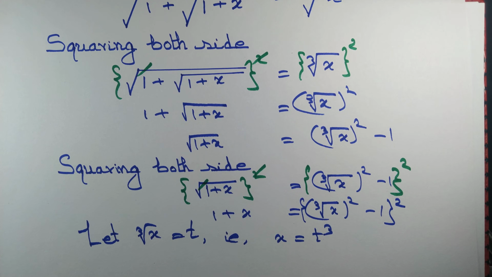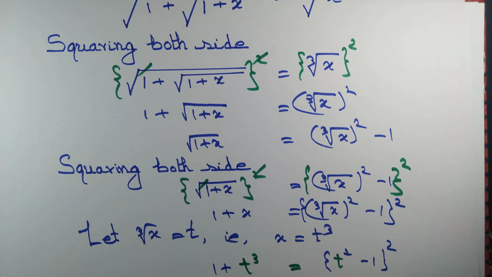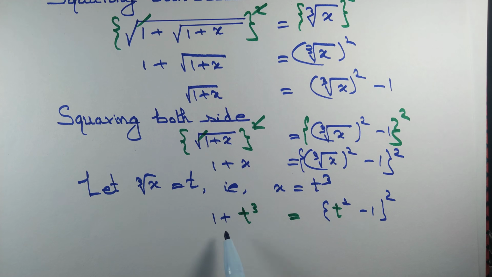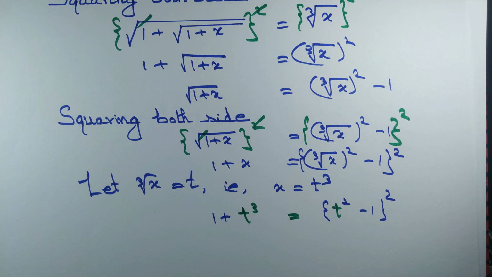So when I write x equal to t cube, we replace x by t cube. We are just left out with t square only, minus 1 whole thing square, and here we have 1 plus t cube. So we obtain the expression 1 plus t cube equal to t square minus 1 whole thing square.